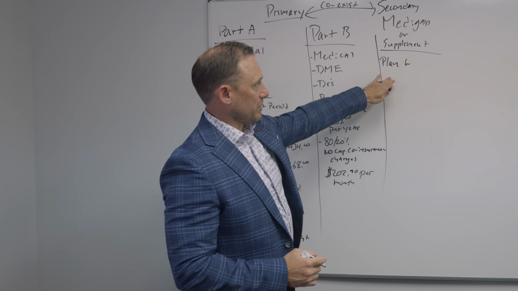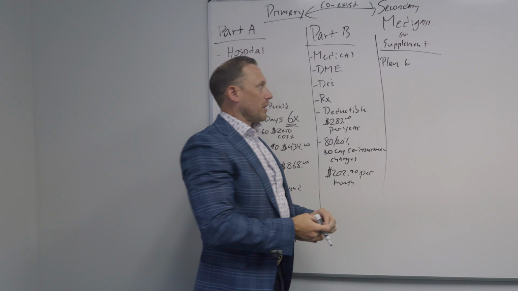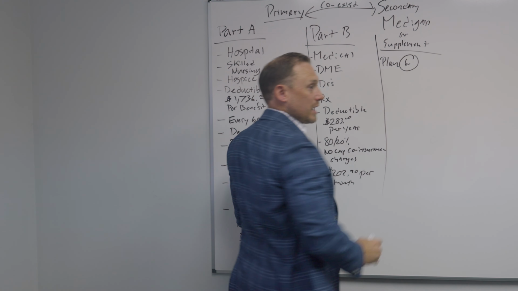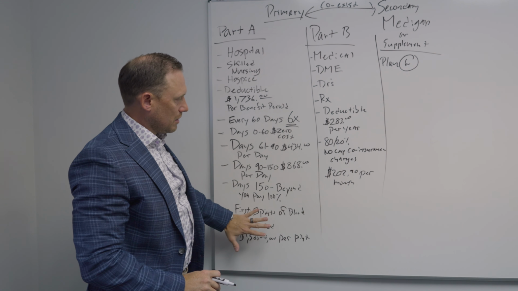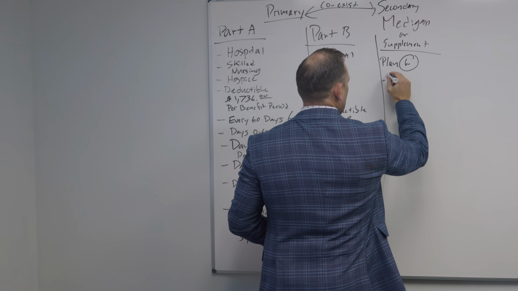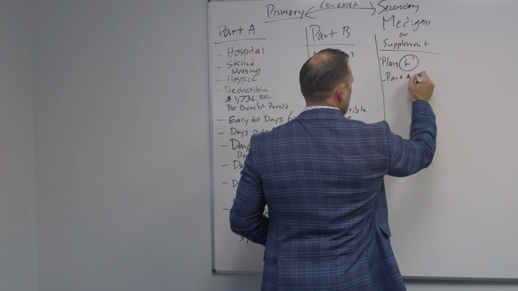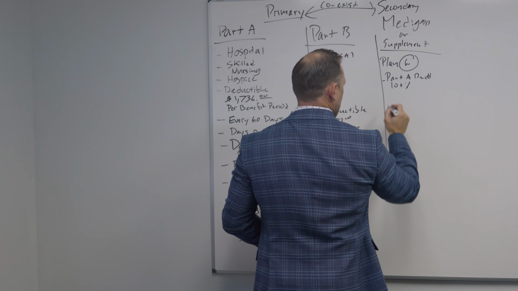So when we look at the exposures that you have here in Part A and Part B, the plan you choose is going to determine how much of this is covered. Now, being that we're talking about Plan G, as in Gary, G is going to cover everything under this column here, 100%. So this is going to cover your Part A deductible, 100%.